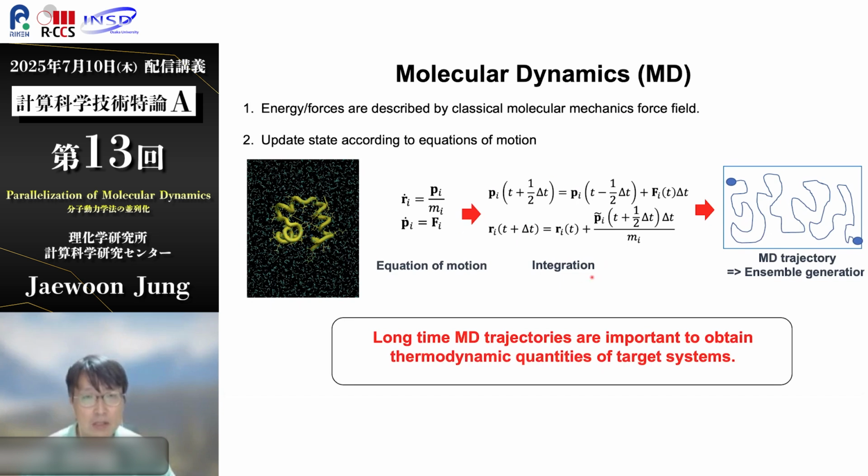By evaluating force, we can update the momentum and coordinate, and from this we can obtain the long time trajectory. This trajectory is used to understand the dynamics or some thermodynamic properties by generating an ensemble. To obtain reliable thermodynamic quantities, a long time trajectory is very important because that makes a good quality ensemble.